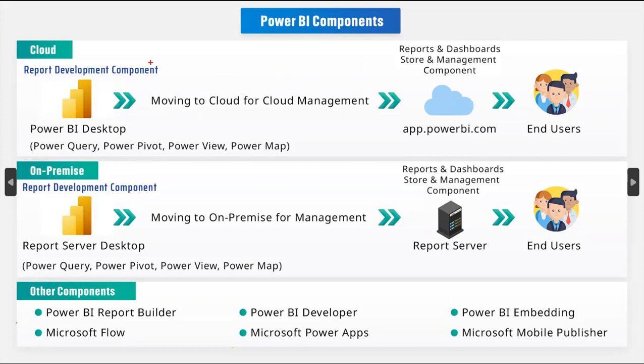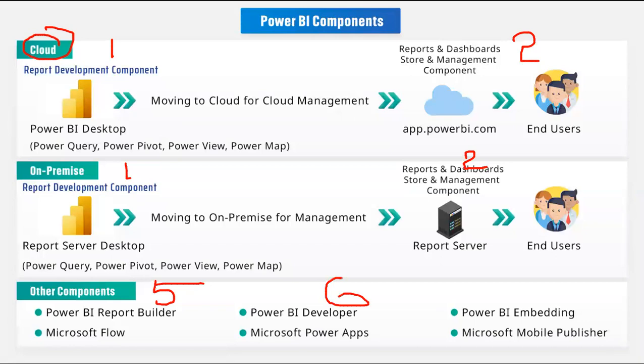Then what are the components available? These are the cloud components available, first component, second component. On-premises level first component, on-premises level second component. And this is the fifth component of Power BI, sixth, seventh, eighth. These are the eight components available in Power BI.